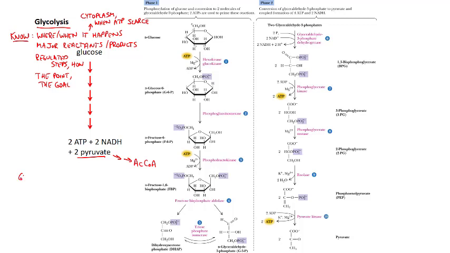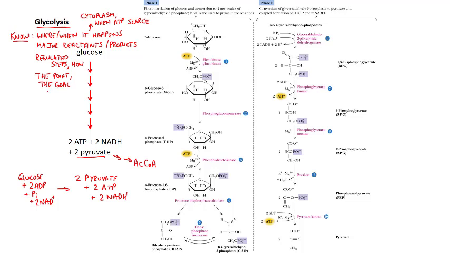Glucose plus 2 ADP plus 2 Pi, where Pi is shorthand for phosphate ion, plus 2 NAD+ react to give us 2 pyruvate, 2 ATP, and 2 NADH. Those are the major reactants and products of glycolysis. The regulated steps and how it's regulated we'll get to in a moment.